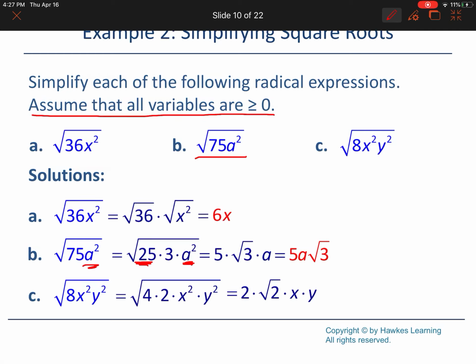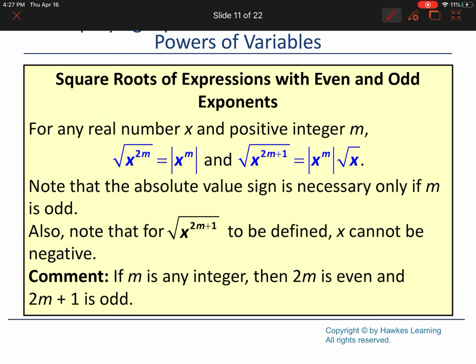So when we do it, the square root of x squared becomes x, square root of y squared becomes y, and then we write it in a nice order so that the radical is last. Okay, so I feel like they make it harder here than we probably need to be.